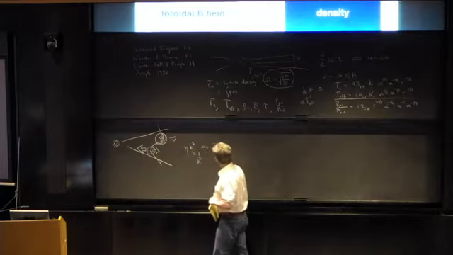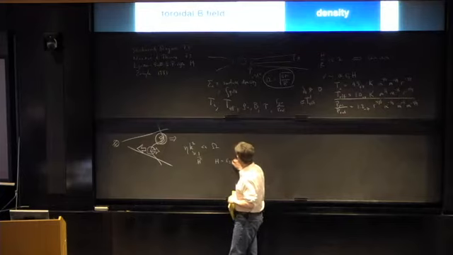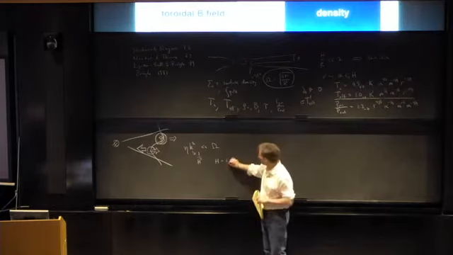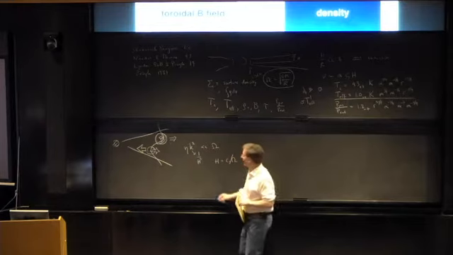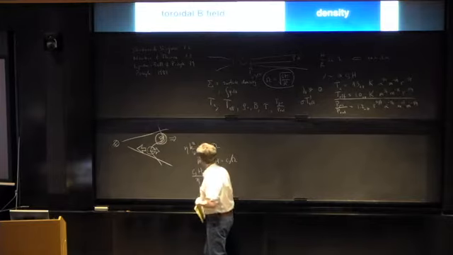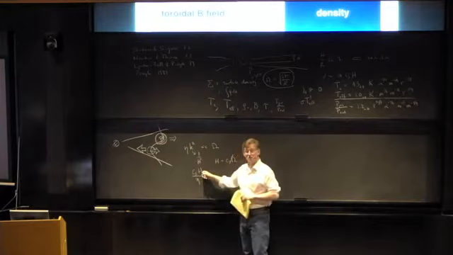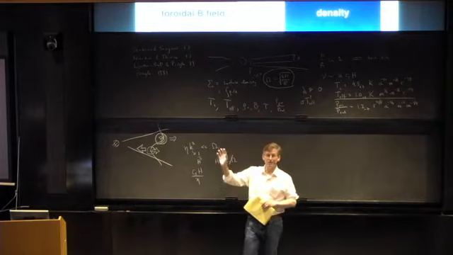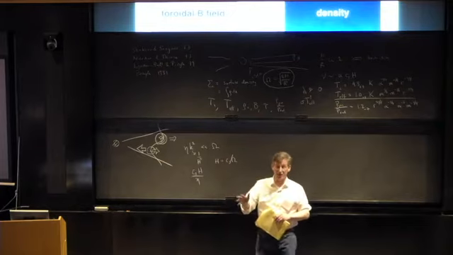So h, I have to tell you more. H is cs over omega. And so the dimensionless number is cs h over eta. So this has dimensions of a diffusion coefficient, and this does too. And this is enormous everywhere in black hole accretion disks.